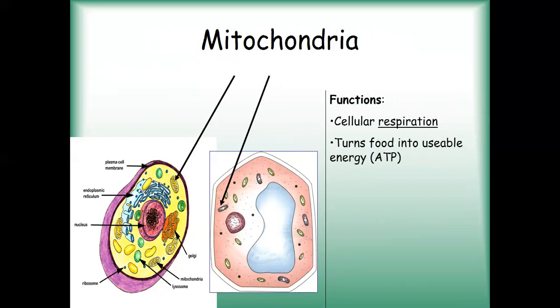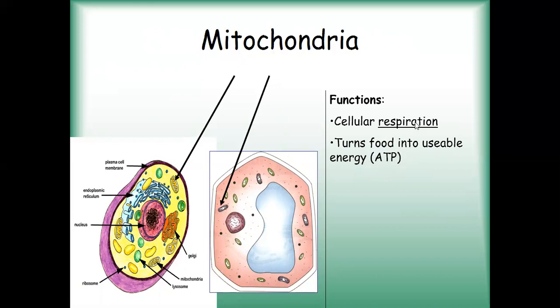Coming to the functions of mitochondria. Mitochondria are the sites where cell respiration occurs. Cellular respiration inside our body happens in the mitochondria. Because of cellular respiration, energy is released, and this energy is stored in the form of ATP.